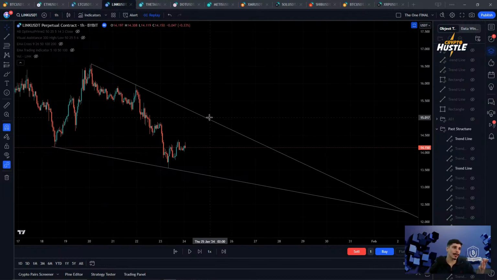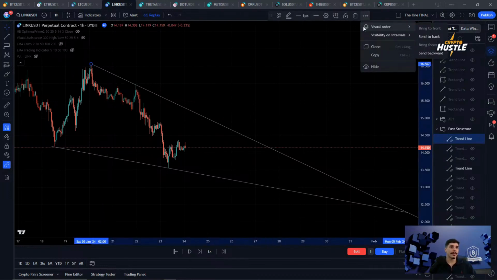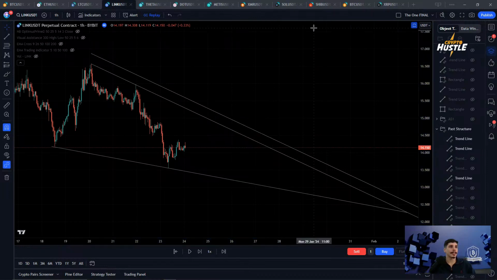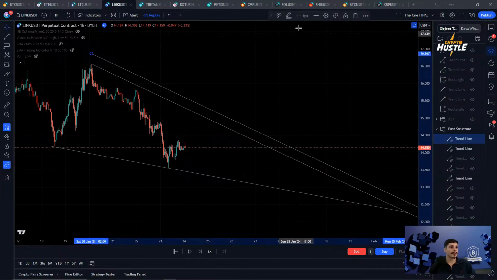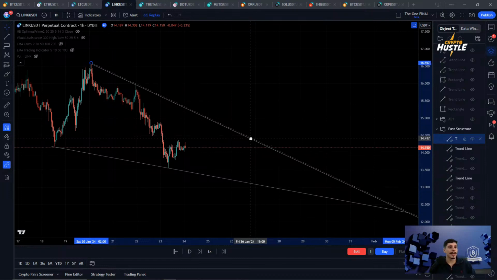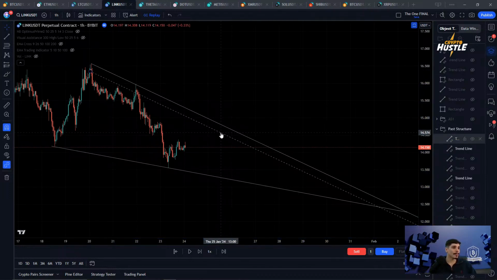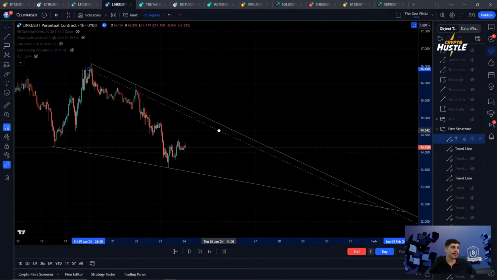And then the way I come up with the lines inside is I'll go ahead and clone here, and then I'll just change one to a dashed line. So the one that was cloned is a dashed line. That way I know it keeps the same slope. If we try to draw a new trend line, it may possibly give you a different slope. So I know I'm getting the same slope there if I do that.